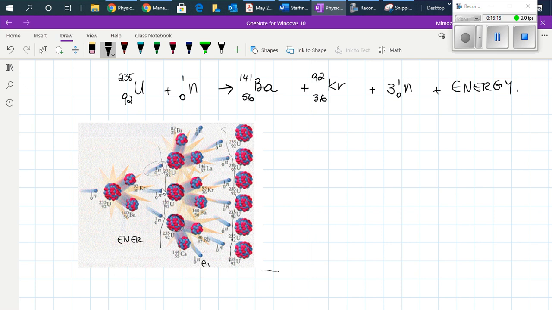The main problems with fission reactors are that uranium-235 is very rare, so you have to enrich uranium. And other isotopes of uranium, like uranium-238, will not produce a chain reaction. The process produces a large amount of deadly radioactive waste, and it needs to be stored very, very carefully.